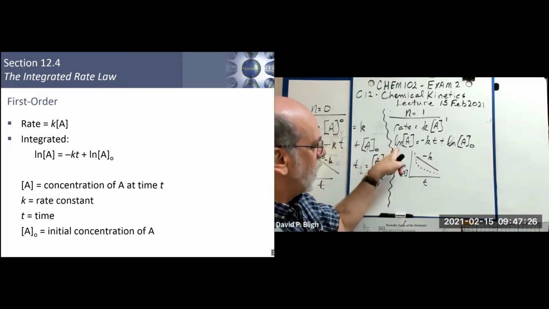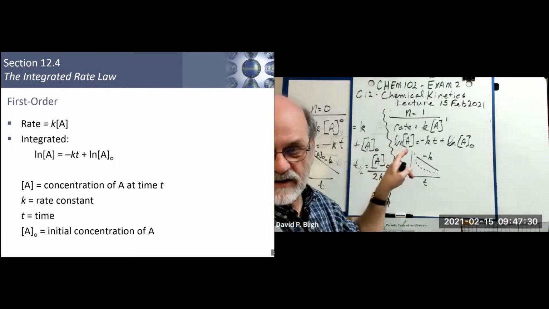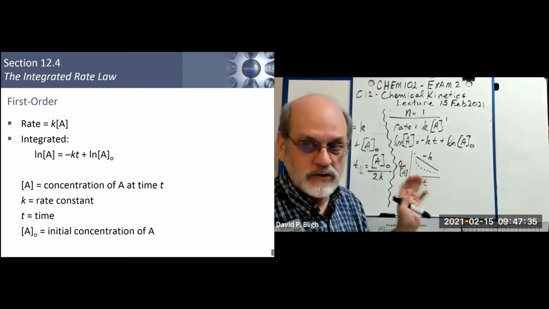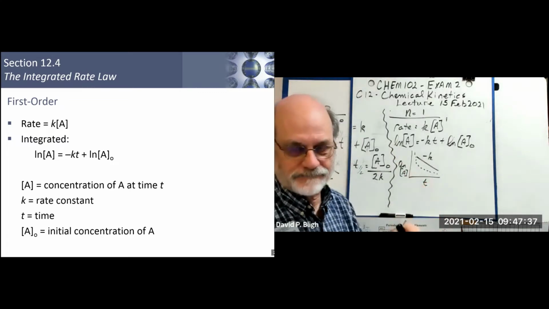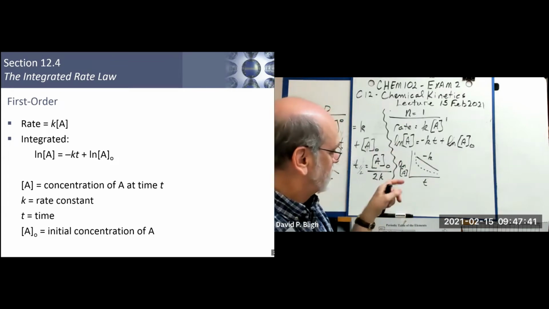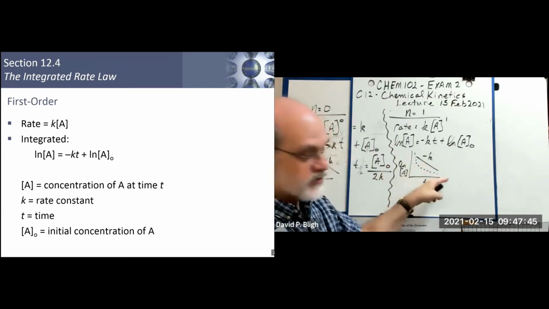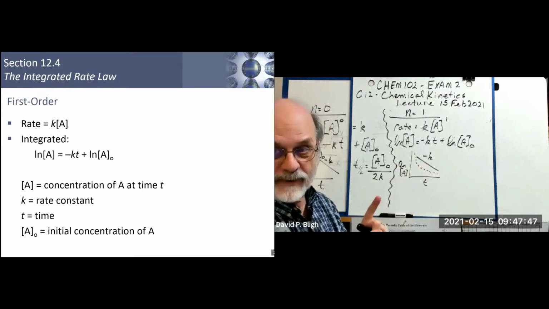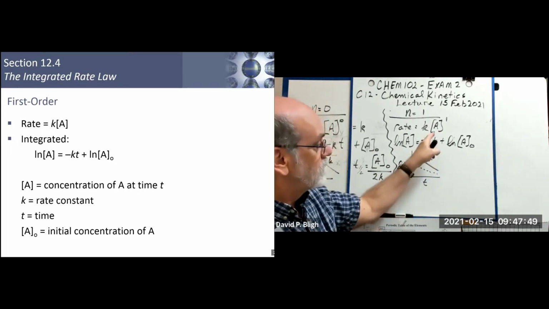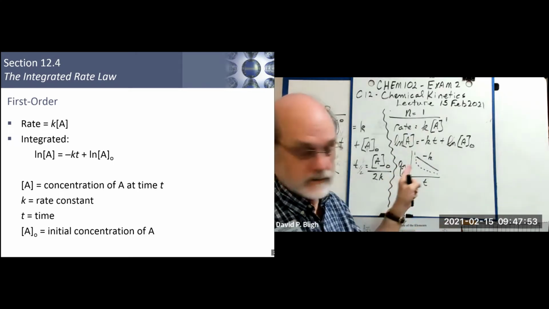But if you plot the natural log of A, and all your calculators have a key on them, ln, for natural log. It's not the log, it's the ln. Two different types of logs. Then if you plot the natural log of A against time, you get this straight line. If that happens, then you know that it's first order for that reactant.